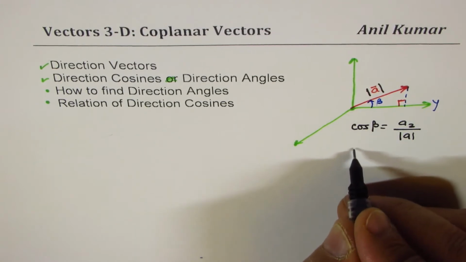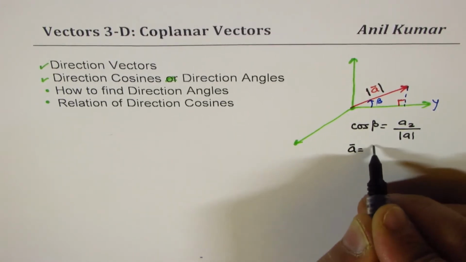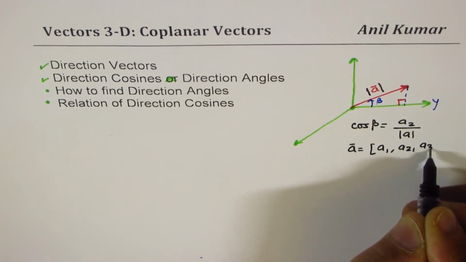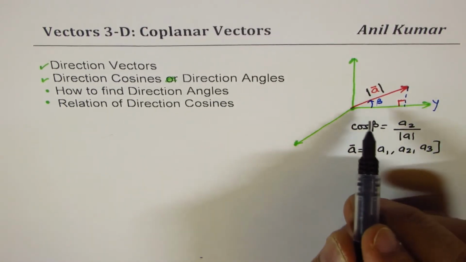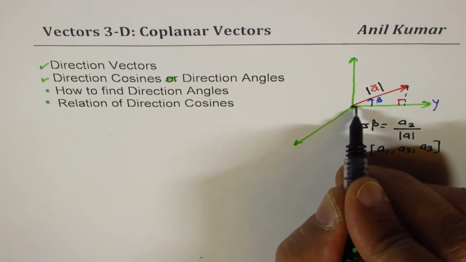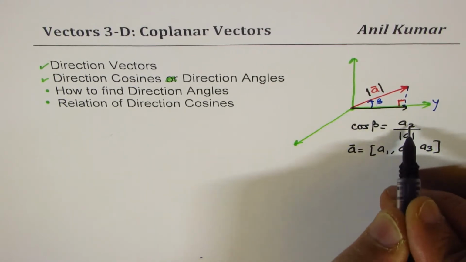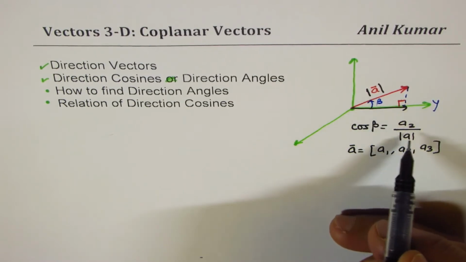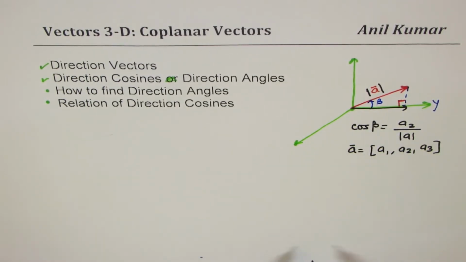So what we are considering here is a vector A whose components are A1, A2 and A3. Perfect. So this is the component along the y-axis, which is A2. Cos of beta is A2 over the hypotenuse, the magnitude of A. Do you get the relation, right?